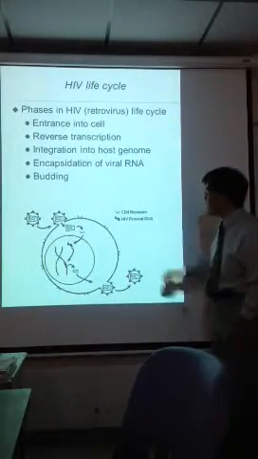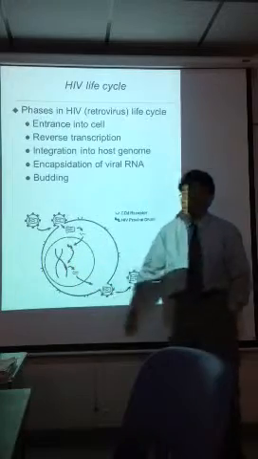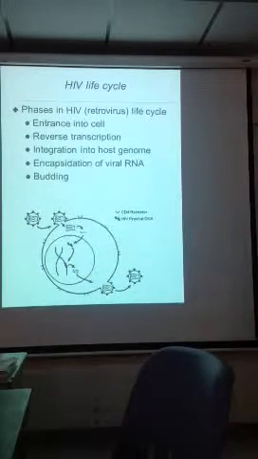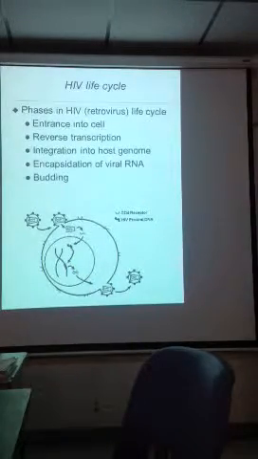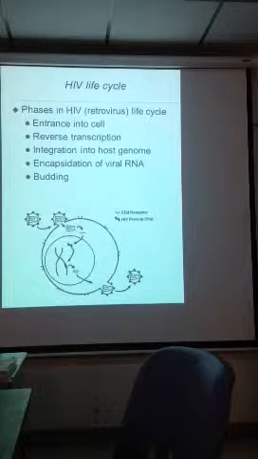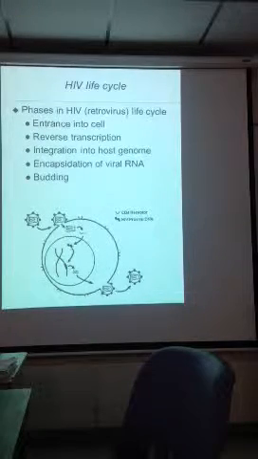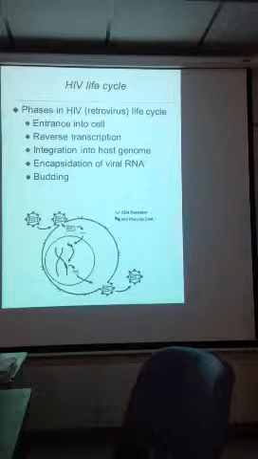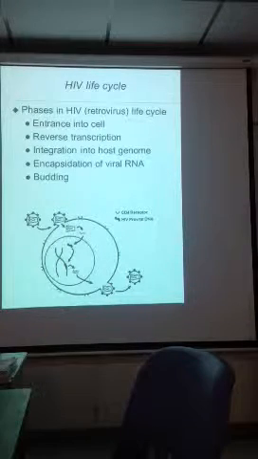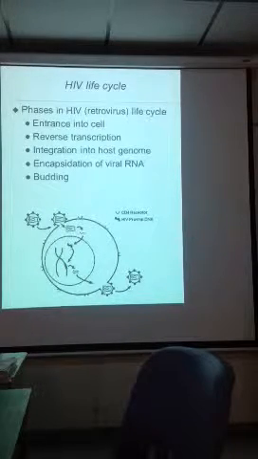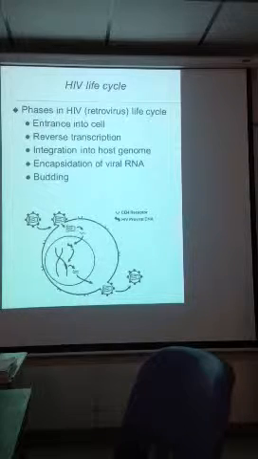That DNA actually inserts into the host genome, into the host chromosome. So if you have an HIV infection, you test positive for HIV, the viral genome as DNA is stuck somewhere inside your human genome, in one of your human chromosomes.